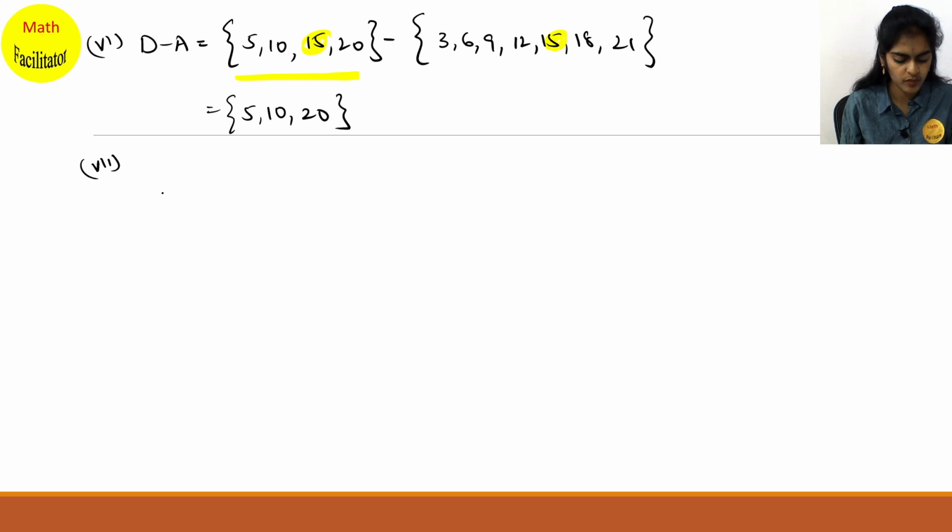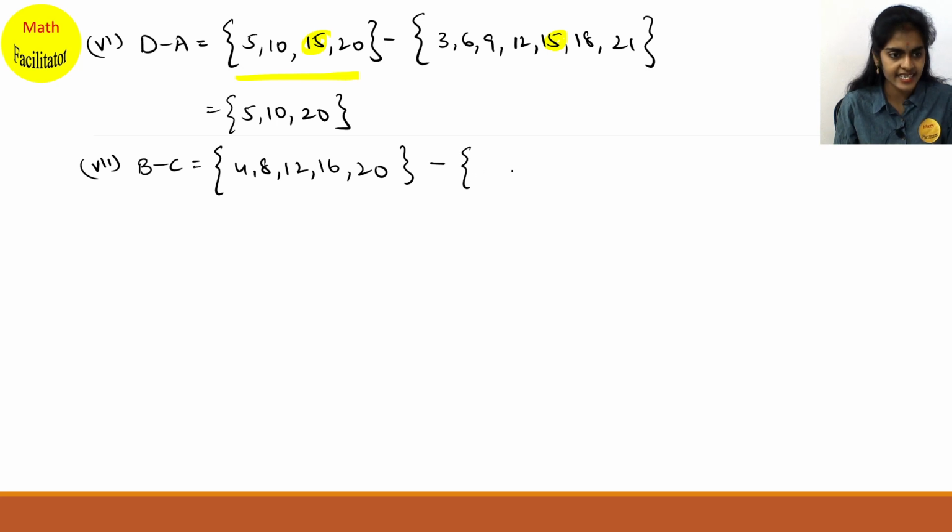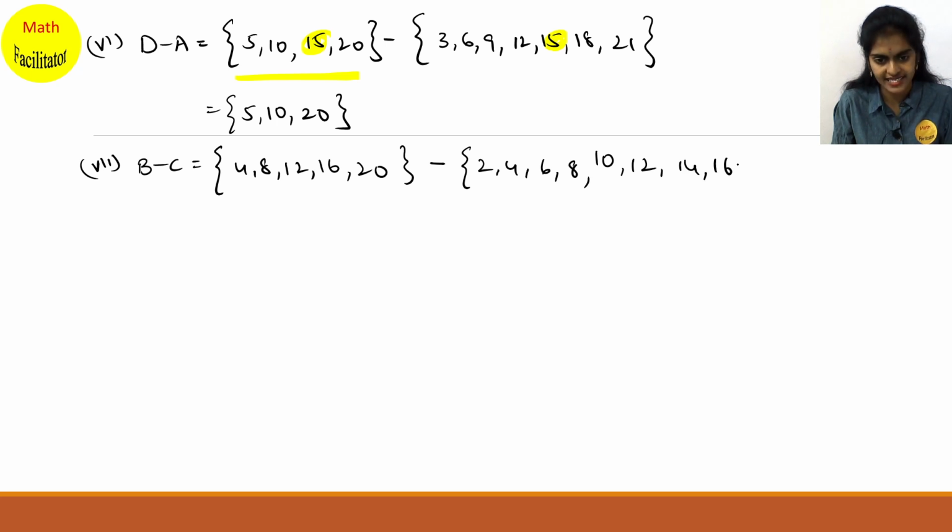Next one is B minus C. B has 4, 8, 12, 16, 20, minus C, which you have as 2, 4, 6, 8, 10, 12, 14 and 16. So what will you get?